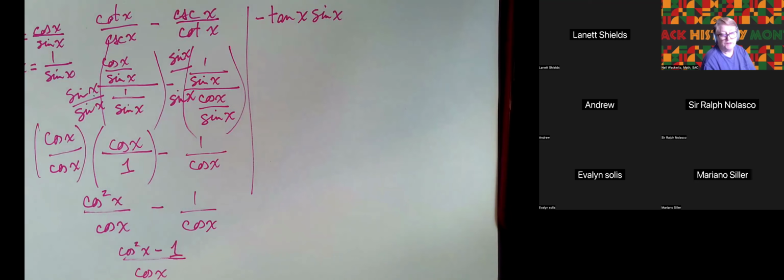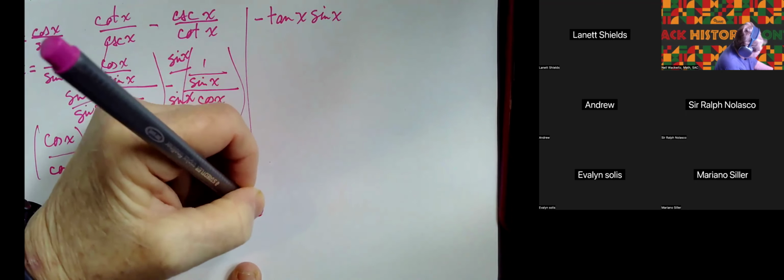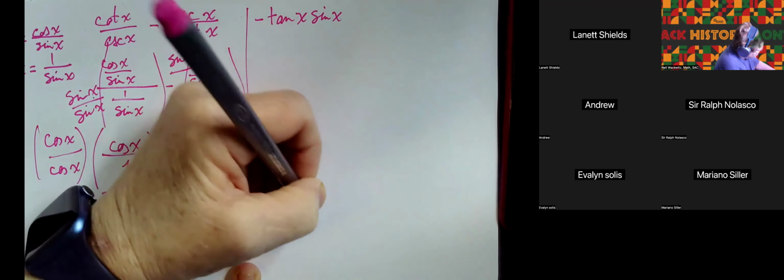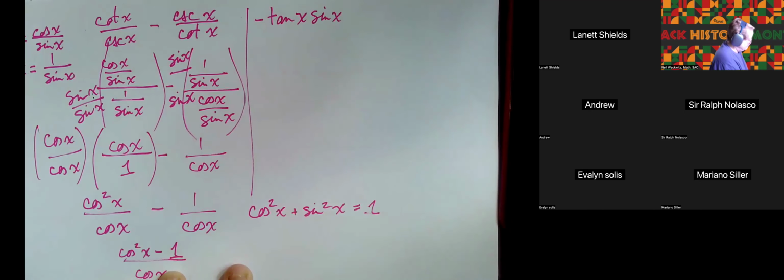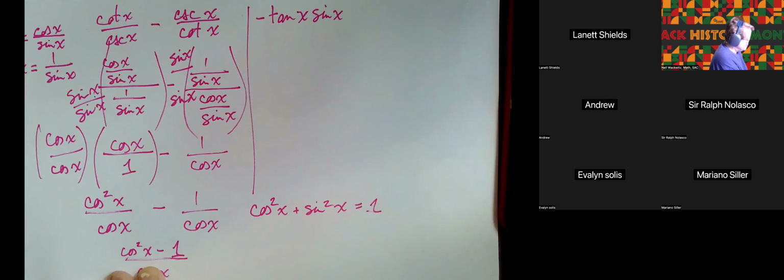What's the most important Pythagorean identity? Cosine squared x equals sine minus 1. Okay, and we're going to think of it the other way, but yes. So let's just write it. Cosine squared x plus sine squared x is 1. We've got cosine squared x minus 1, so let's subtract 1.